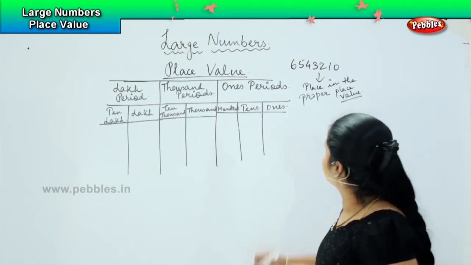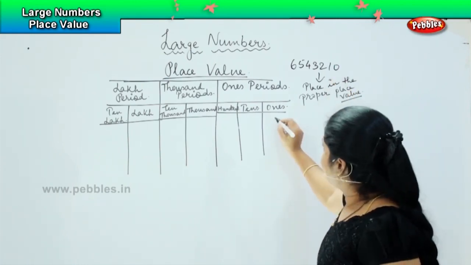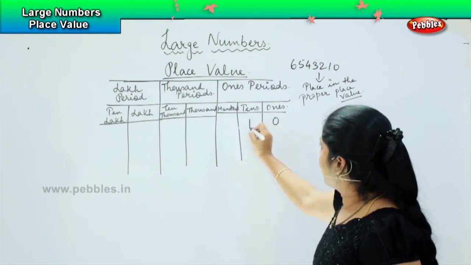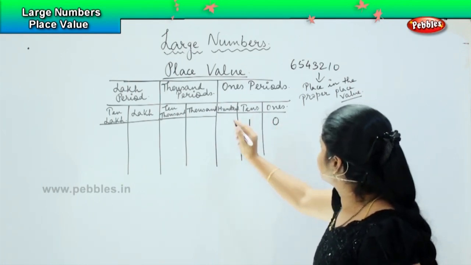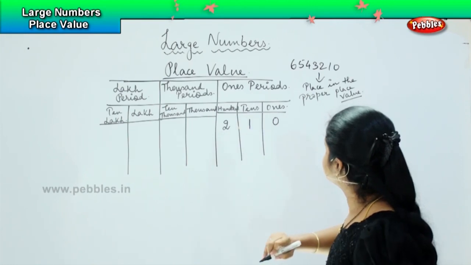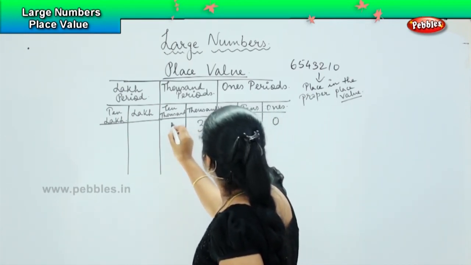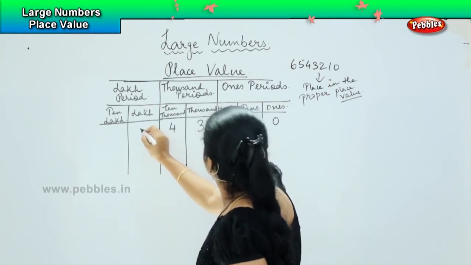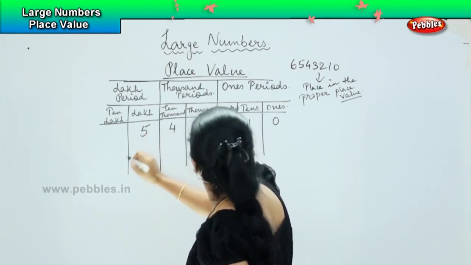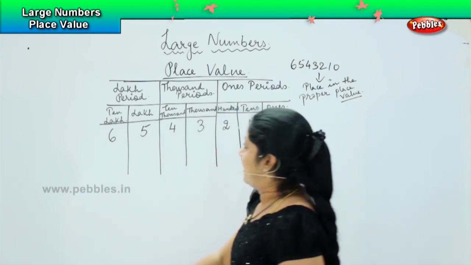How will I do it, children? 0 will come in ones, then 1 in tens place, 2 in hundreds place, then 3 will come in thousands, 4 will come in 10,000, 5 will come in lakhs, and 6 will come in 10 lakhs.